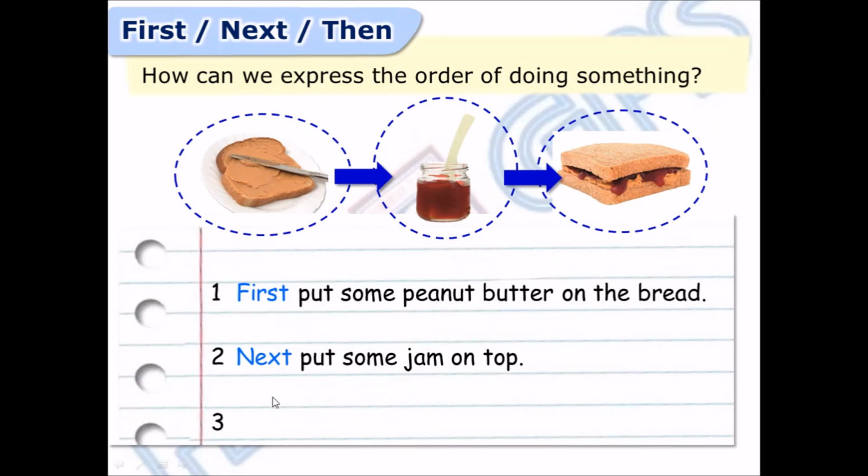Or you can use then: put some jam on top. Step 3. Then, put another piece of bread on it. Or you can use next: put another piece of bread on it.